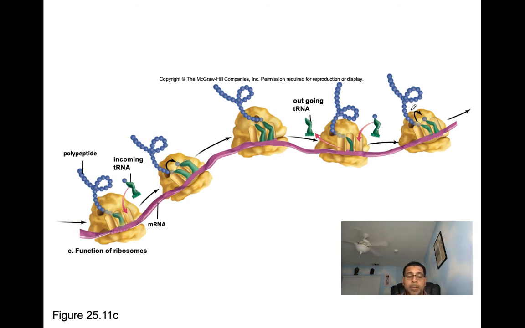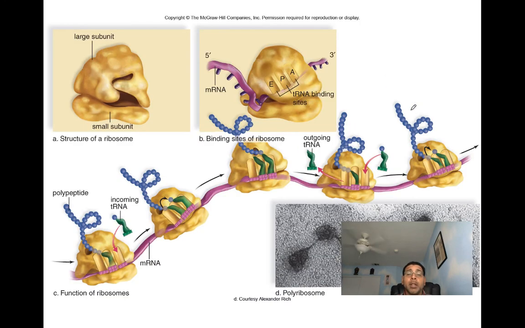Translation terminates once the polypeptide is fully formed and a stop codon is reached. So it's going to keep occurring until we reach UGA, UAA, or UAG. And once we reach those segments, everything will break apart, and that protein then is going to take off into the endoplasmic reticulum.